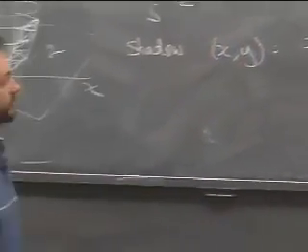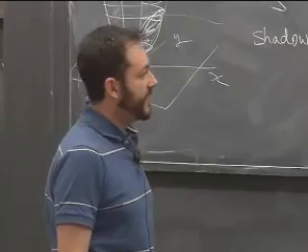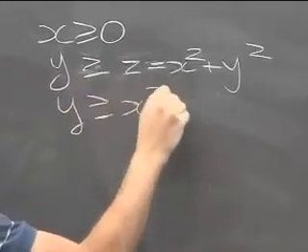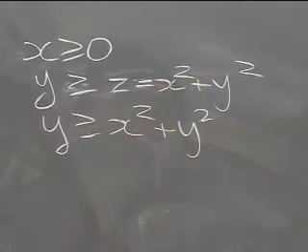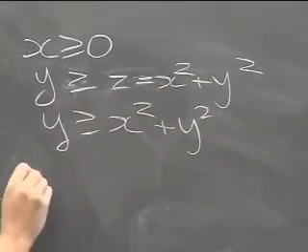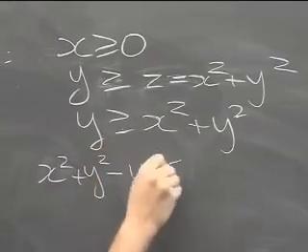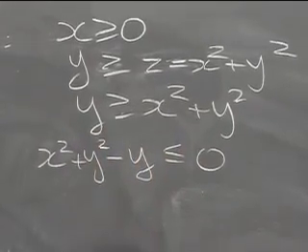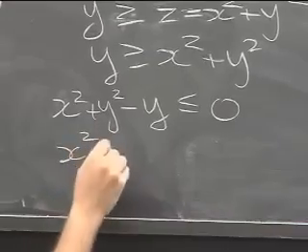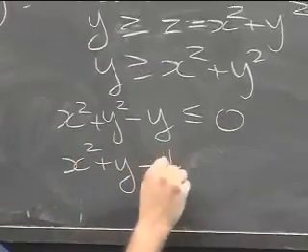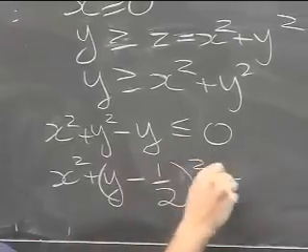So we need all the points where x is greater than or equal to 0 and y is greater than or equal to x squared plus y squared. Well, this is very simple. This says that x squared plus y squared minus y is less than or equal to 0, i.e. x squared, and we complete the square. You need to add a quarter to both sides, and you'll find that it looks like this.